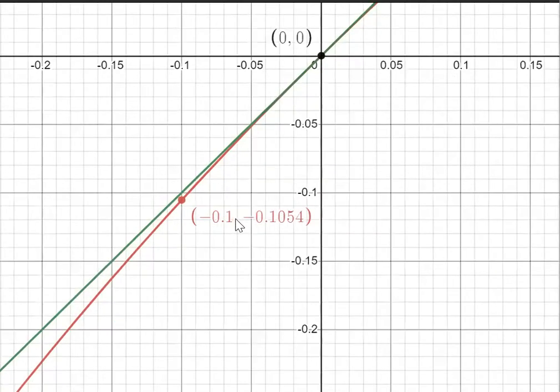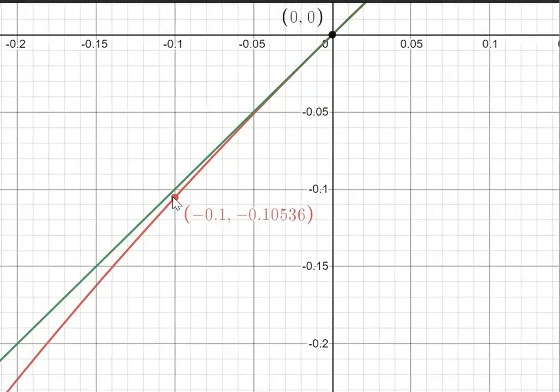I do see the red dot there. That's supposed to be the exact point on the red curve, the curve of natural log 1 plus x. And we use the value on the line at the same x value to approximate, which is negative 0.1.